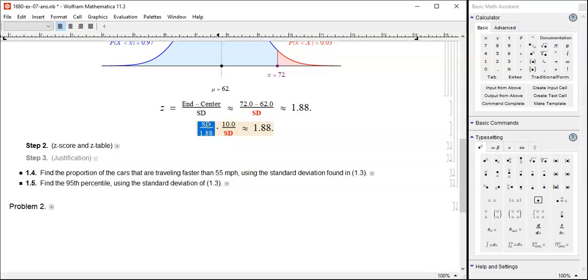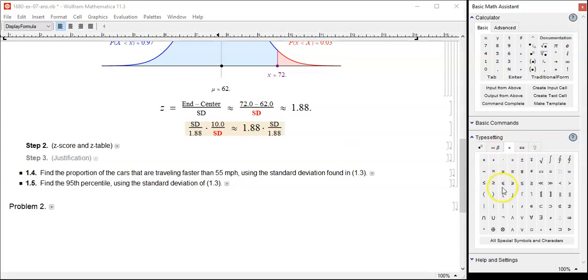If you multiply the same thing to both the left-hand side and the right-hand side, then what do you get? The standard deviation, they're going to cancel each other out. 1.88, 1.88, they're going to cancel each other out. I'm going to get 10 divided by 1.88 is approximately equal to the standard deviation. And all you have to do is this computation.